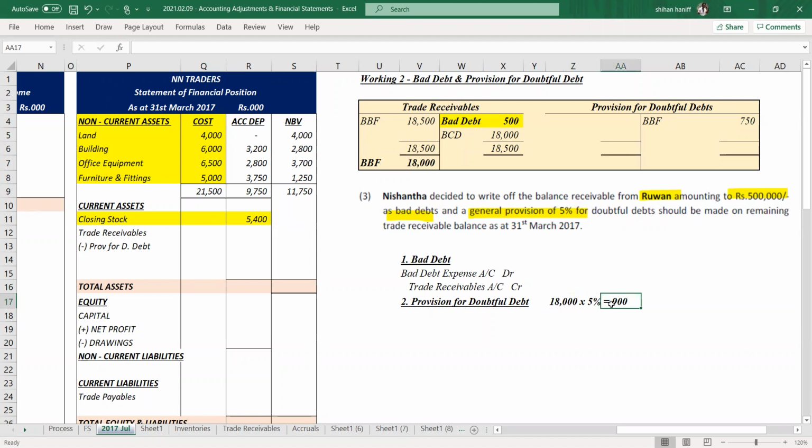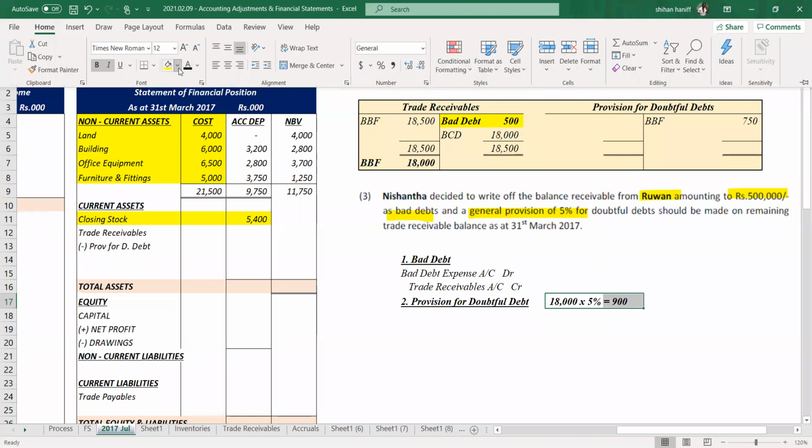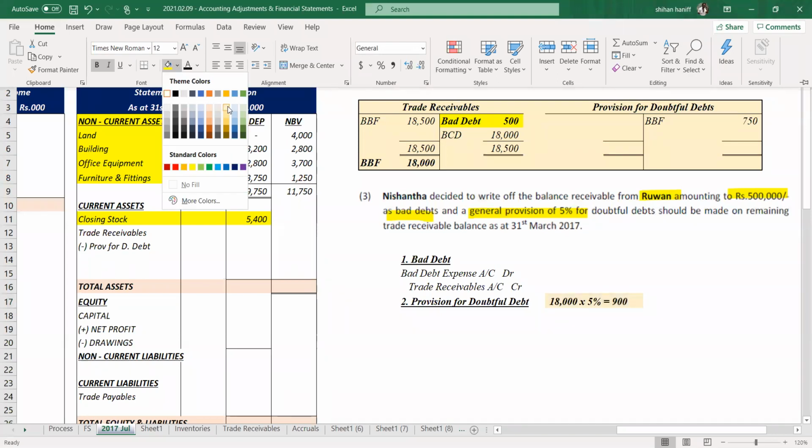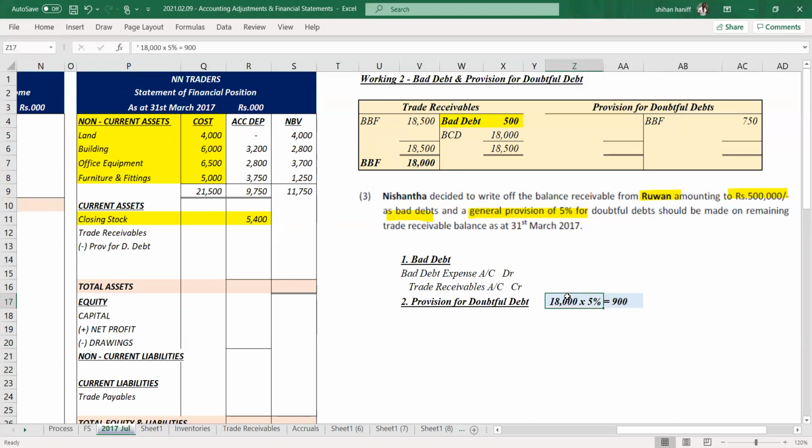So the doubtful debt is 900. 18,000 into 5%.